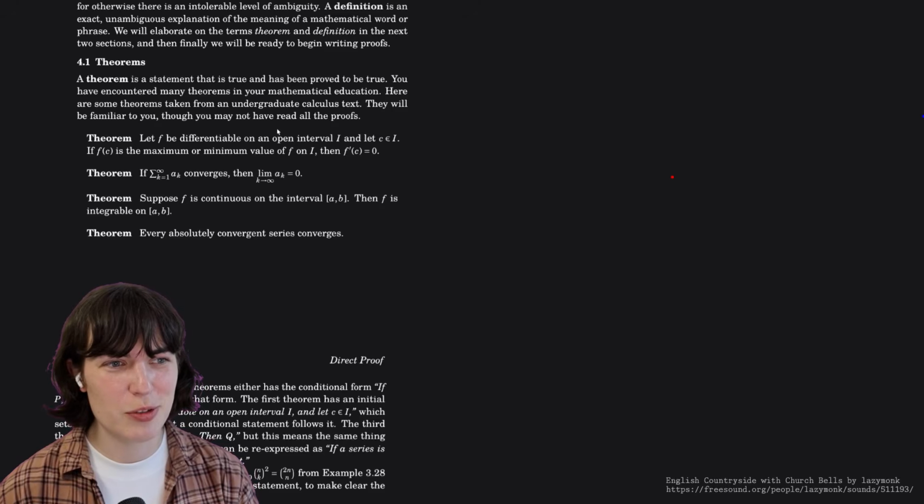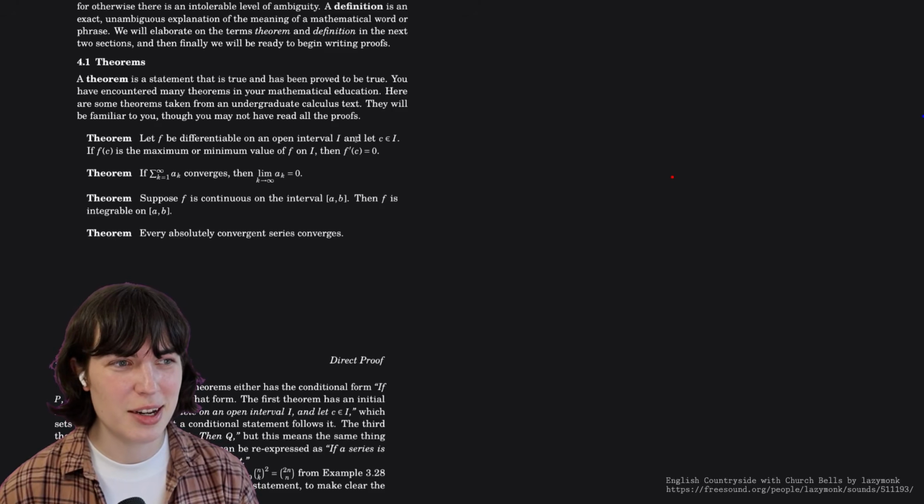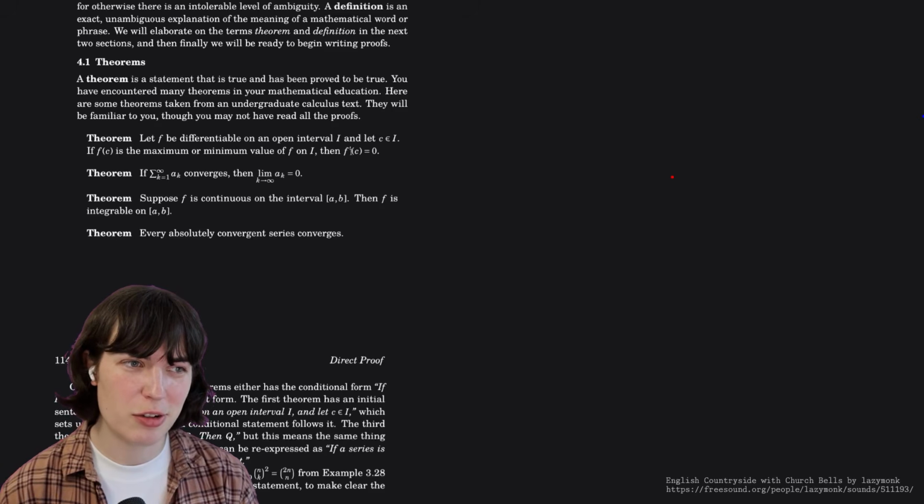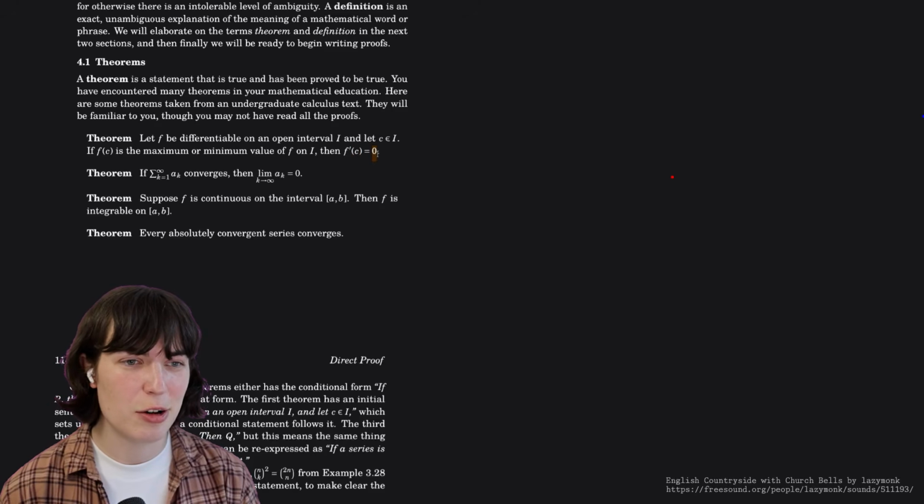Let f be differentiable on an open interval I, and let c be an element of I. If f(c) is the maximum or minimum value of f on I, then the derivative of f at c is 0.